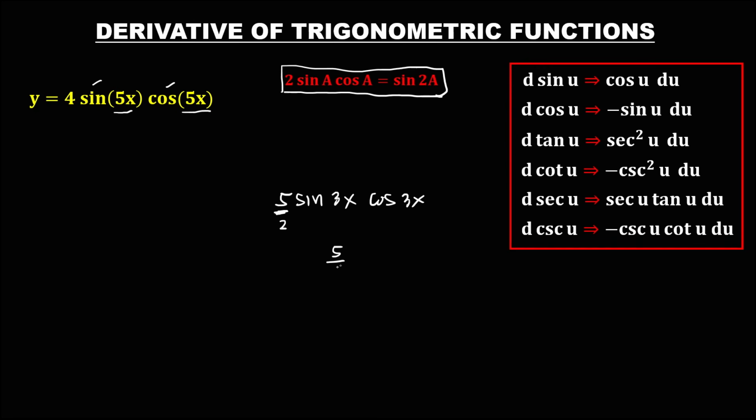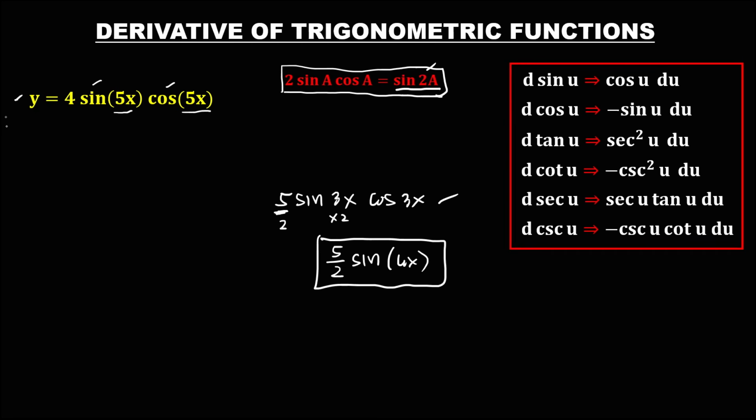So this becomes 5 over 2. Then we have sine 2a, or multiply the angle of sine by 2. So this becomes sine, and this 3x multiplied by 2 becomes 6x. So this is now the identity for this given.